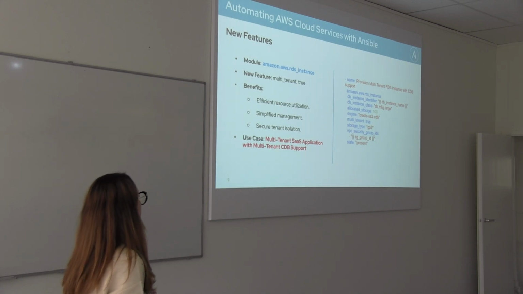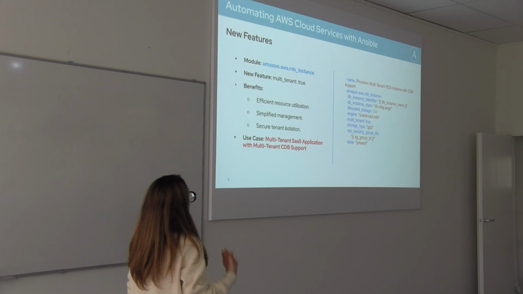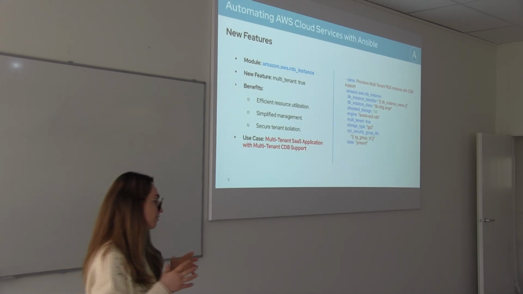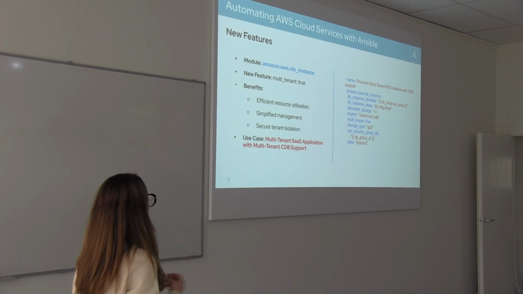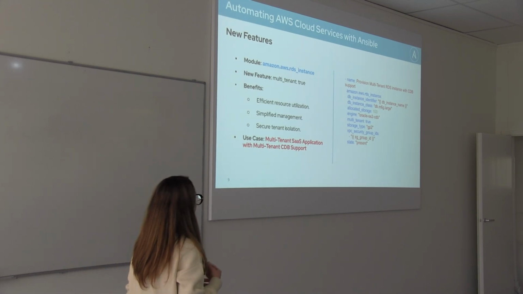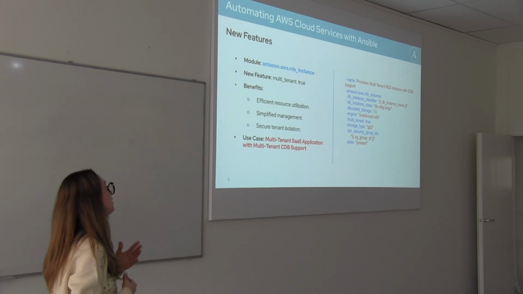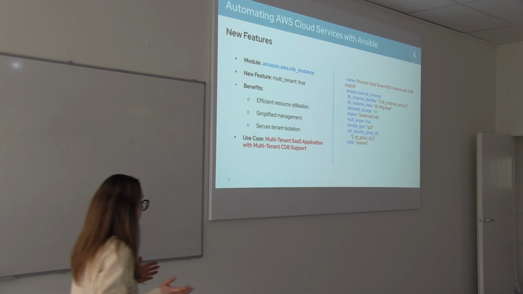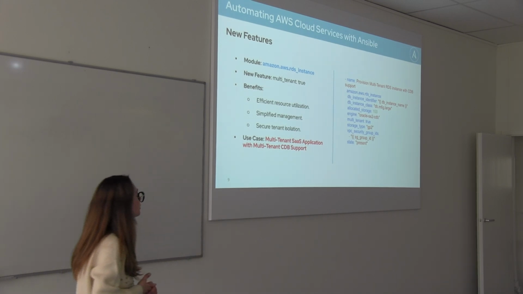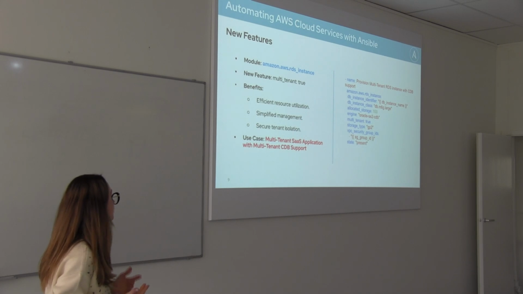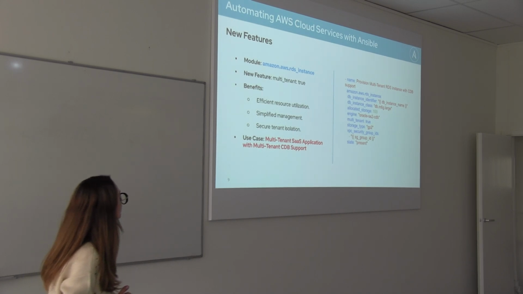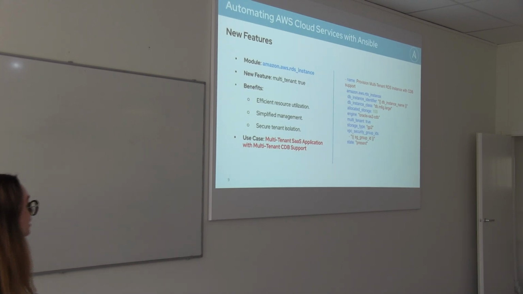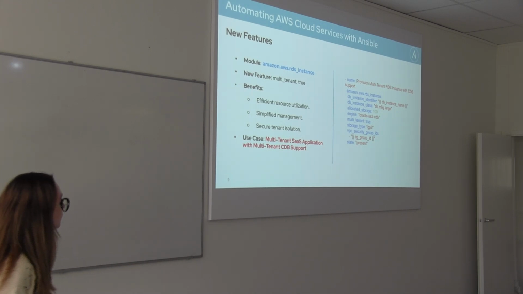Basically, with multi-tenant software as a service applications, you may have different tenants sharing the same container database, but with the difference that each tenant's data is stored as a pluggable database, making it easier to ensure security and also isolation. By using the multi-tenant flag, you can obtain that in the RDS instance module.